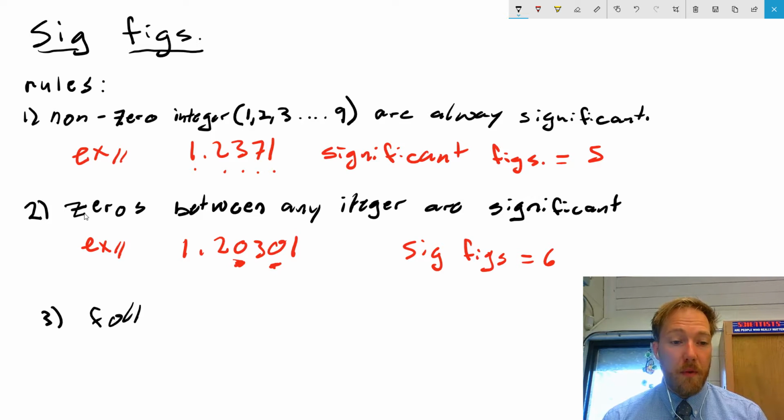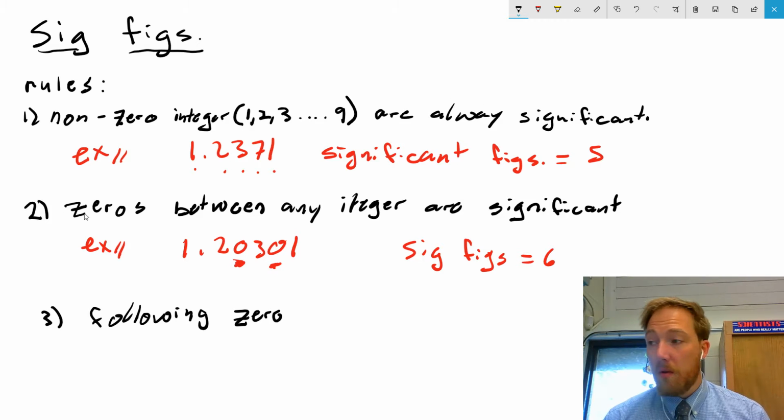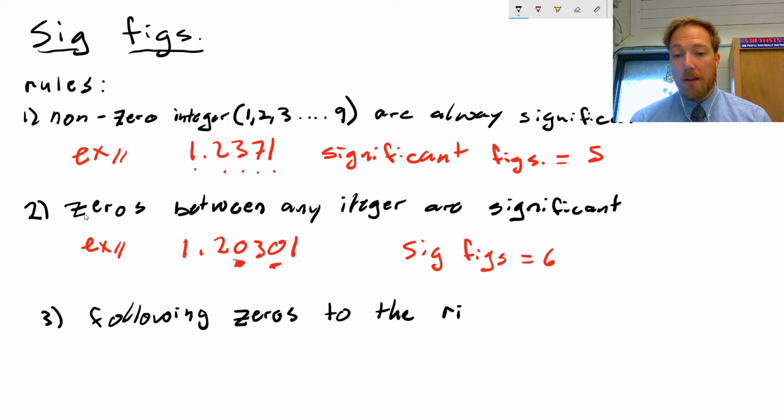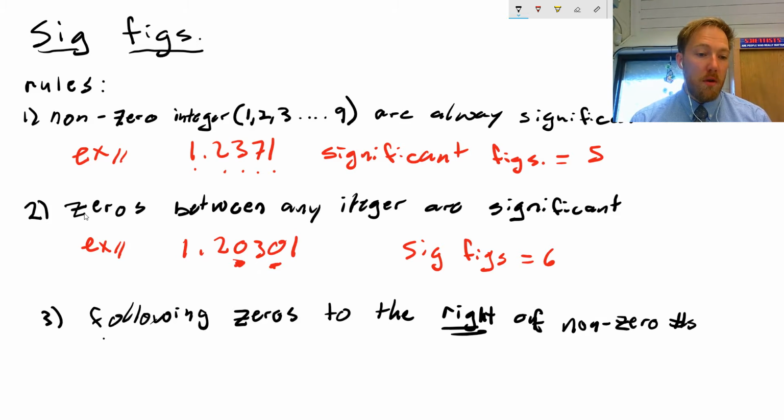Following zeros to the right, very important, of non-zero numbers are not significant. They're straight up placeholders.